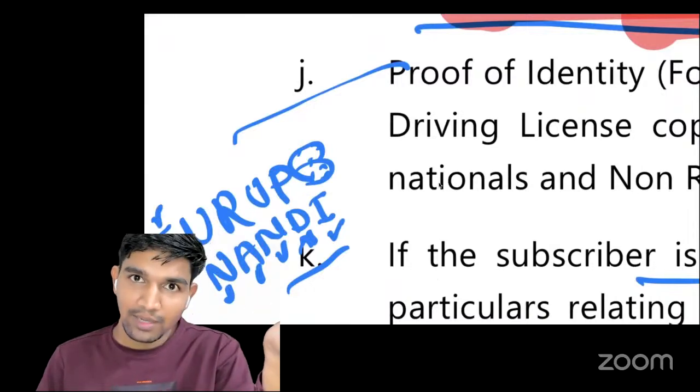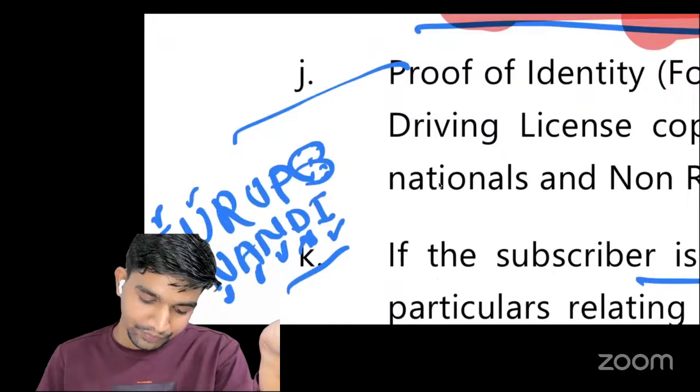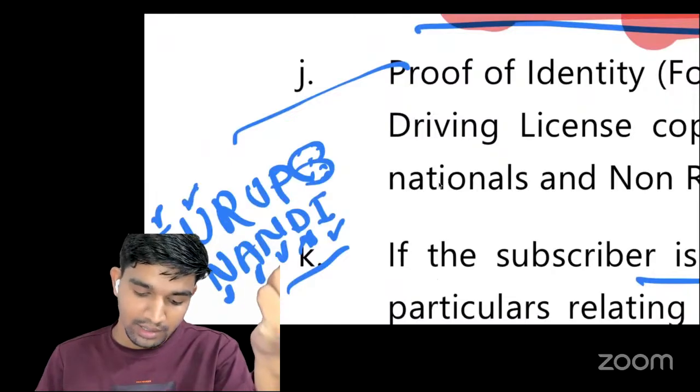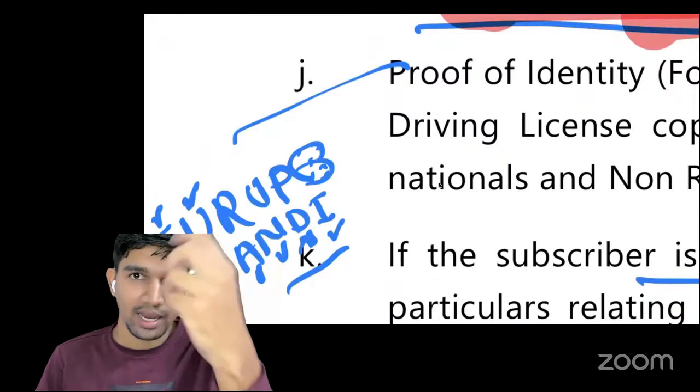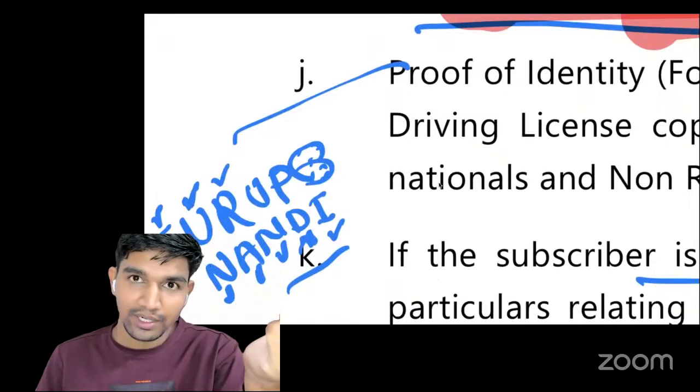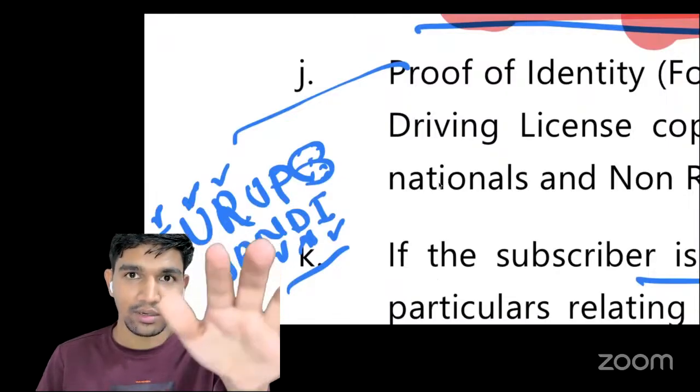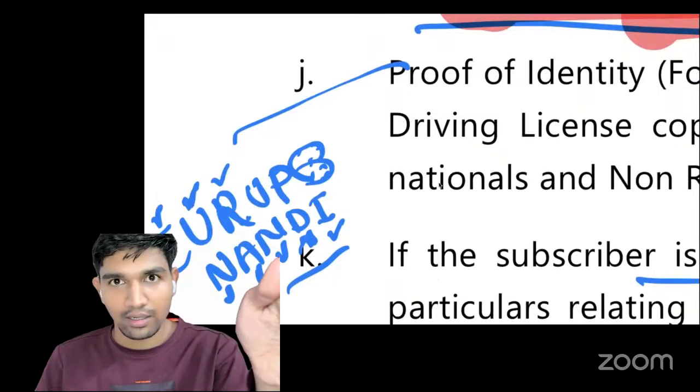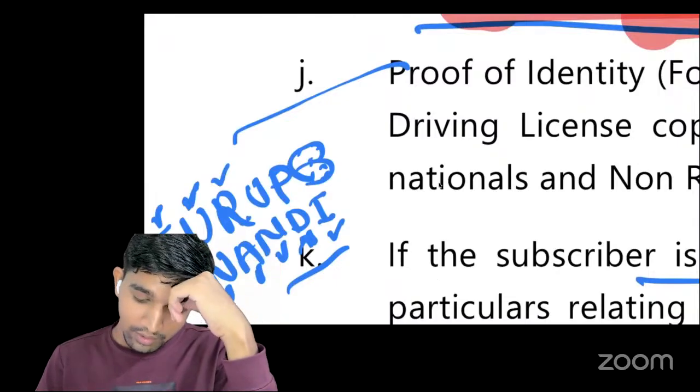Then E for email ID and phone number, U for UID, Aadhaar, proof of identity, and proof of residence, such as a light bill not more than two months old. Then I think we have already covered that.